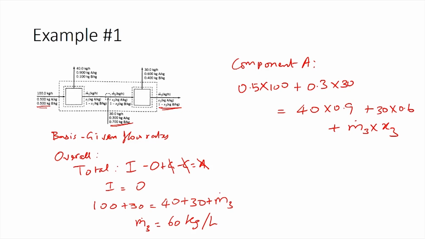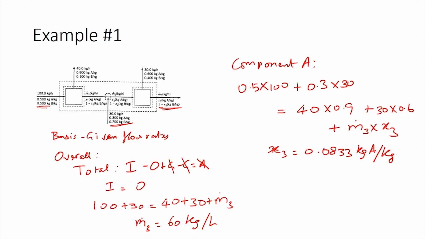So, from this we can calculate X3 as 0.0833 kilograms of A per kilogram. From this we have the information about the product stream 3.